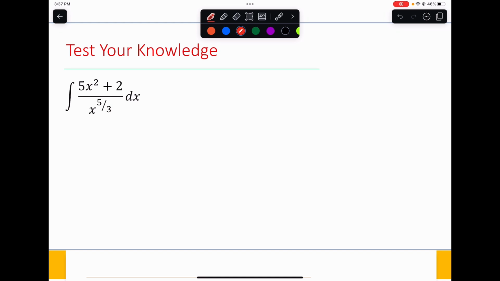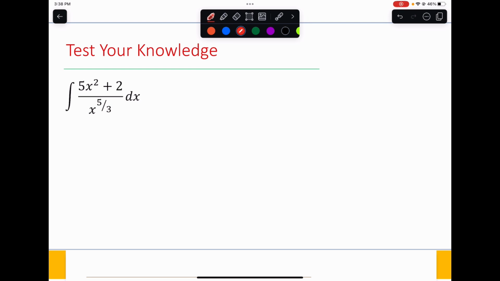Okay, so welcome back. If you tried it on your own, very good for trying. Let's check now if what you did is correct or not. As I mentioned a while ago, we cannot simply distribute the integral operation on the numerator and divide it with the integral of the denominator.